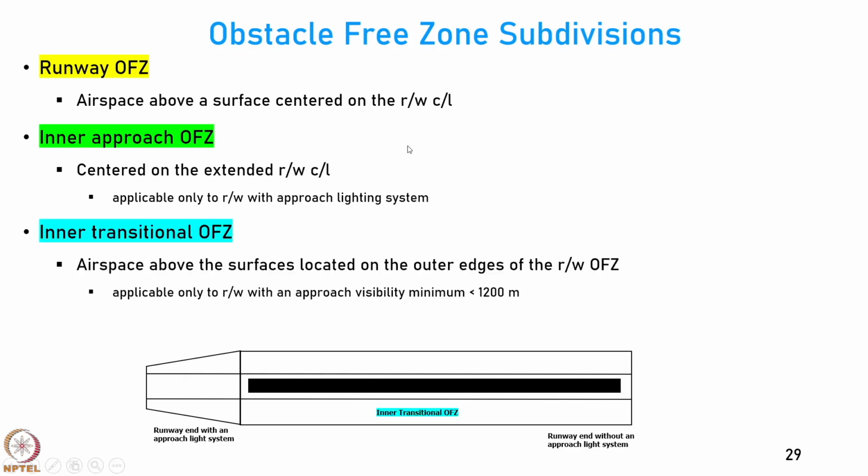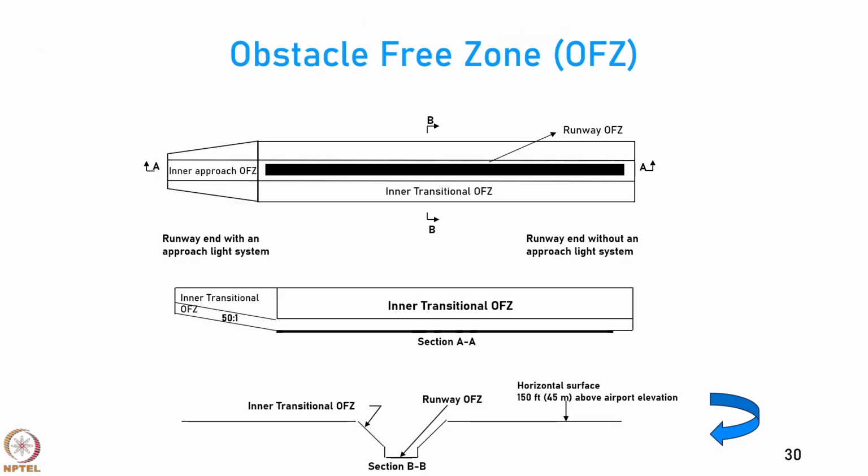And then you have the inner transitional OFZ. This is the airspace above the surfaces located on the outer edges of the runway OFZ on both sides, and these are applicable only for runway with the approach visibility of minimum 3/4 of a statute mile or 1200 meters. So, these are the subdivisions of the obstacle free zone.